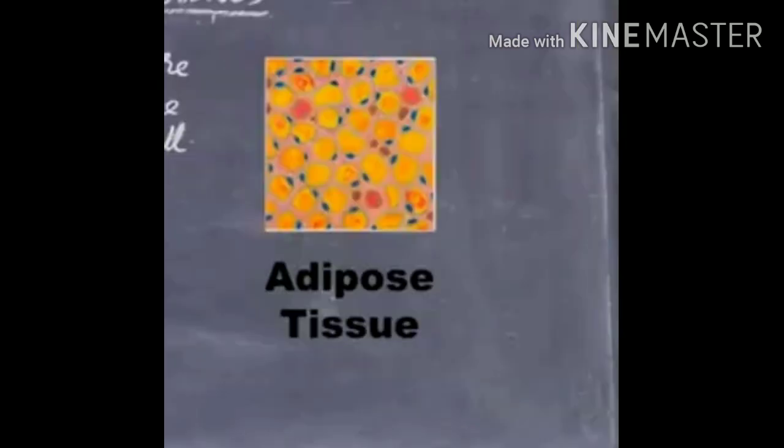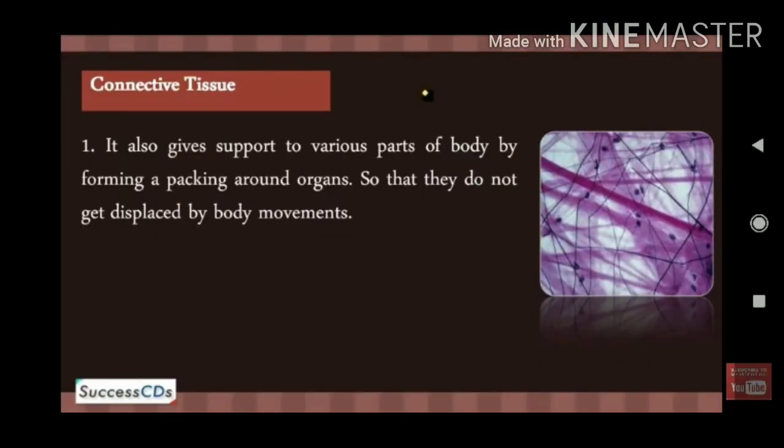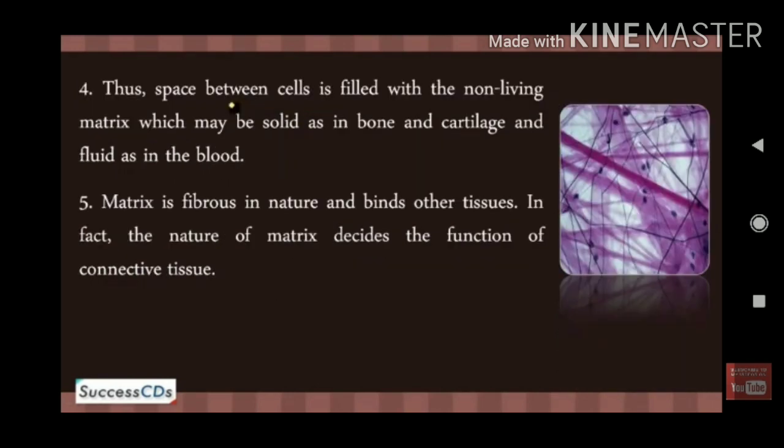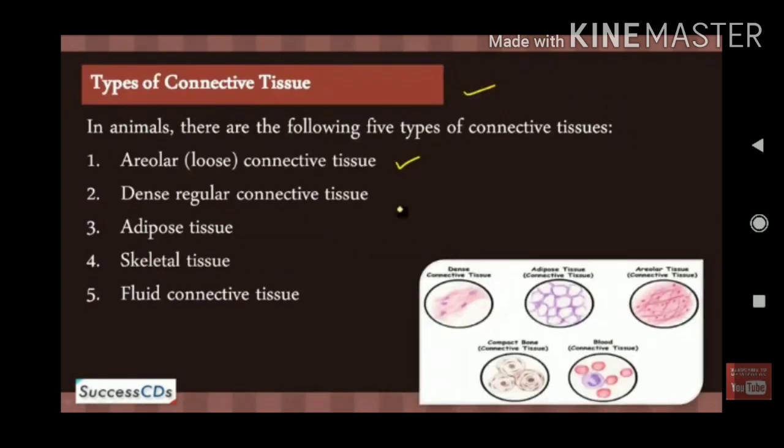This connective tissue is of four types: connective tissue proper, supportive connective tissue, dense connective tissue and fluid connective tissue. First we will see the connective tissue proper. The connective tissue proper is of two types: areolar connective tissue and adipose connective tissue.